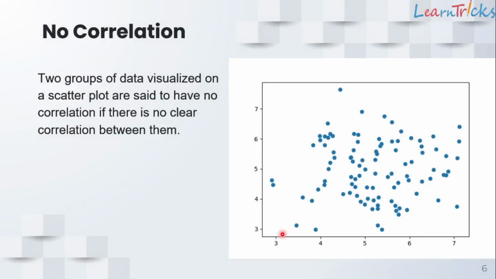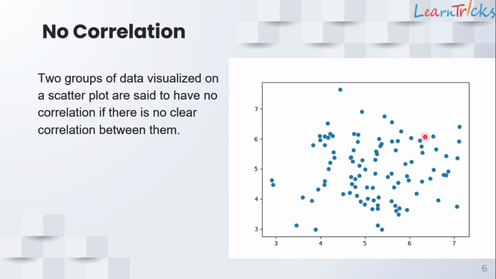And then the third, so first was positive, next was negative, and third is no correlation. Two groups of data visualized on a scatter plot are said to have no correlation if there is no clear correlation between them. By just viewing this figure, we cannot say that as the value of x increases, the value of y also increases, because the points are really scattered.